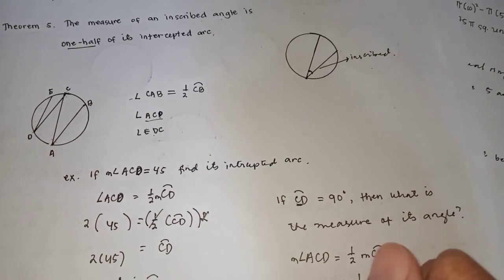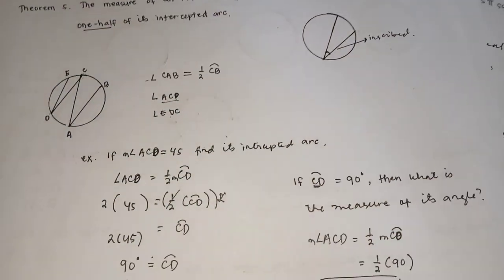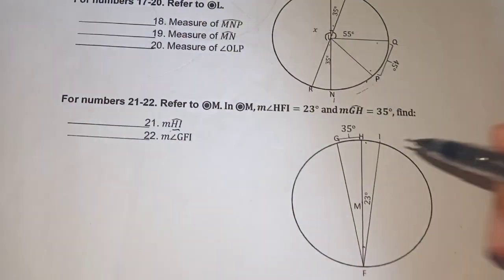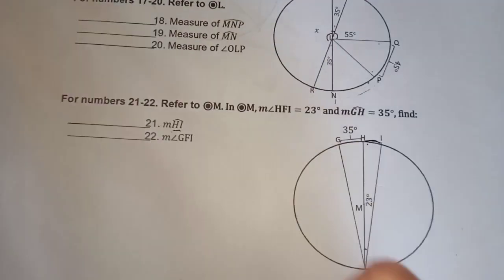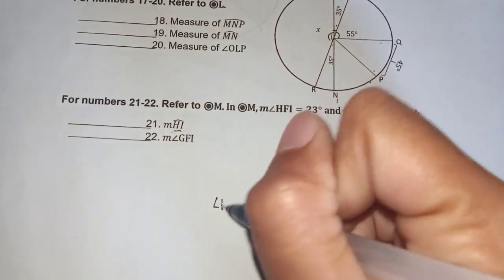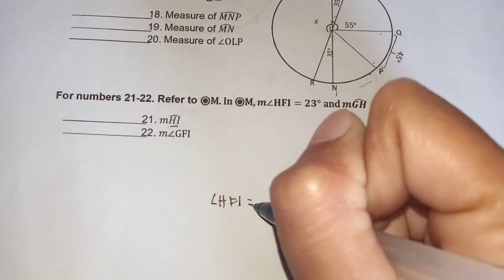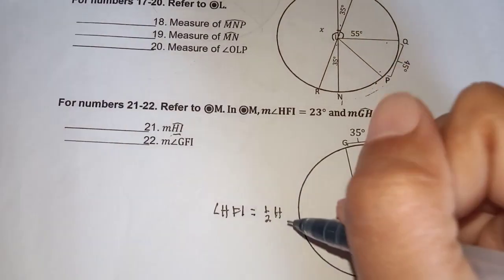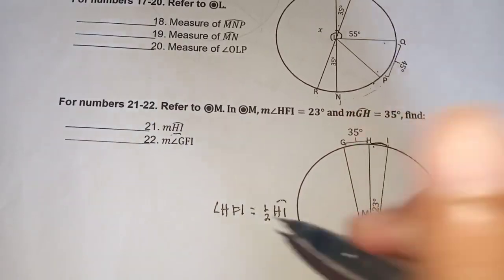Okay, let's have an example. Refer to the circle M. In circle M, the measure of arc HG is equal to 23 degrees, and the measure of arc GH is equal to 35. We need to find the measure of arc HI.